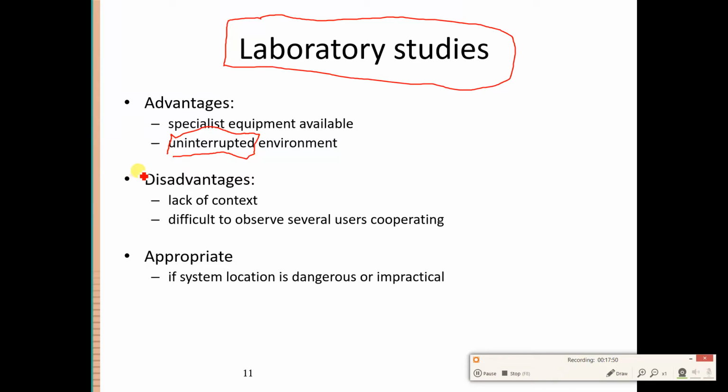But there are some disadvantages of laboratory studies or laboratory evaluation. Lack of context. Lack of context means that sometimes we have to check the system in the actual environment, because the actual environment might be different from the laboratory environment, and system performance may be affected depending on the context. For example, there are some ATM machines which are installed outside. They are drive-through machines.